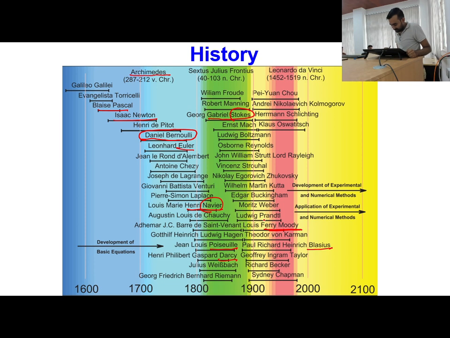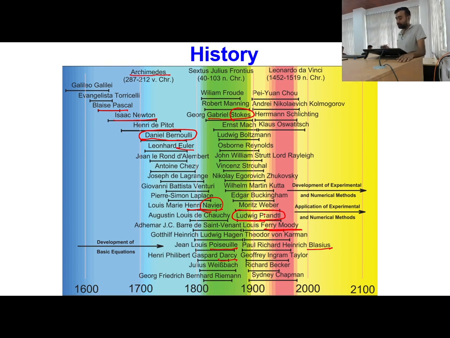Then yes, you can see this important person, Ludwig Prandtl. Prandtl did very significant work in the development of boundary layer theory. Boundary layer comes into the picture when we study the flow of viscous fluids or the interaction of viscous fluids with solids or other stationary or moving fluid interfaces.